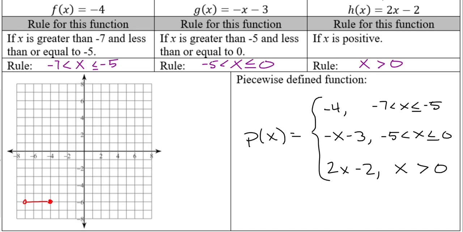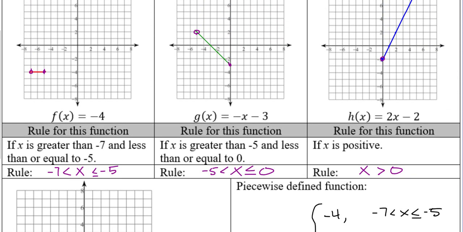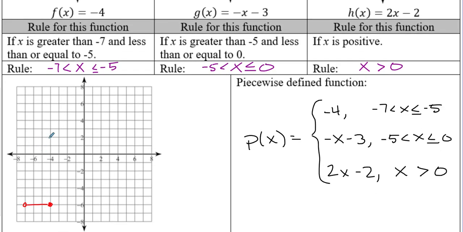And then our other one was from -5 to 0. So we started up here at 2, and then we went to 0 at -3.